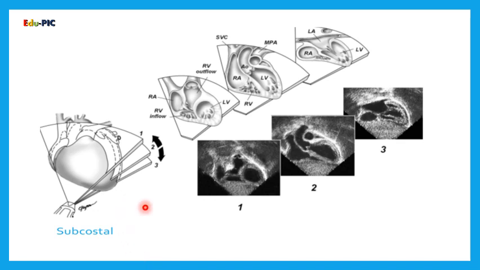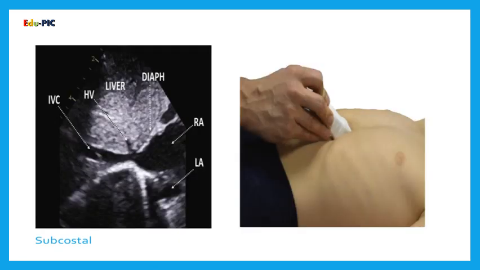When you move your probe up and down and left and right, at different angles, this will cut your heart in different slices, and each slice gives you some information. One of the important views in the subcostal views is the inferior vena cava view.